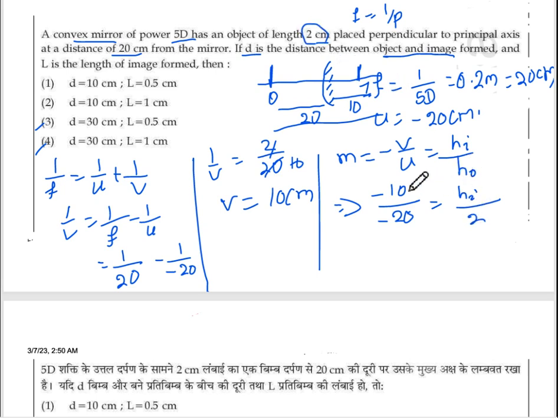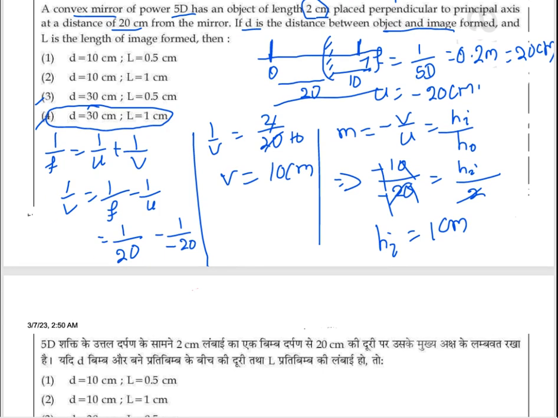So put here 2. 10 10 cancel, minus minus cancel, 2 here also cancels. So Hi equals 1 centimeter. If you check, option number 4 is obeying our condition. Clear? Okay, so we'll move to the next question.